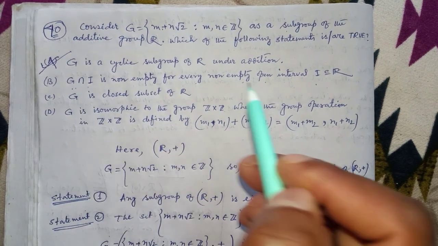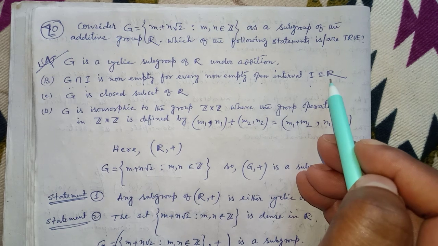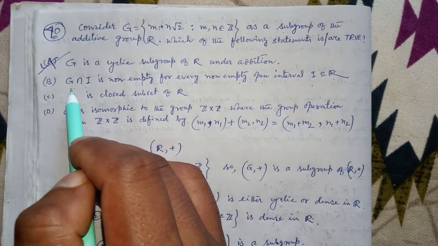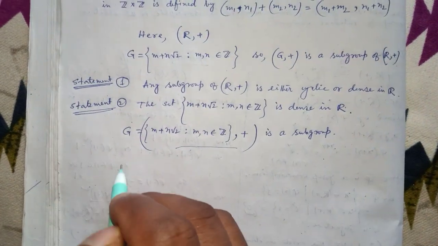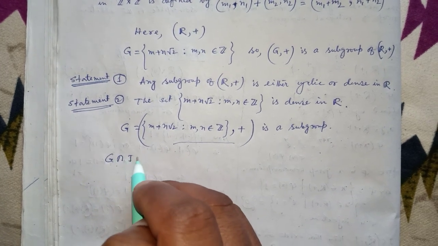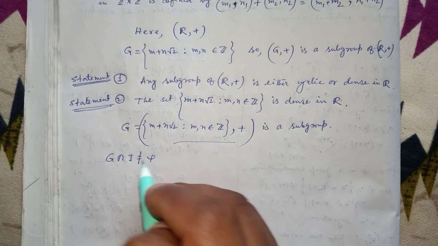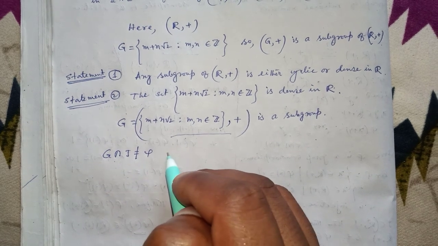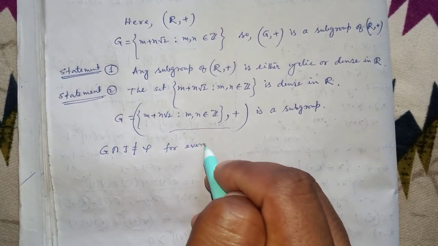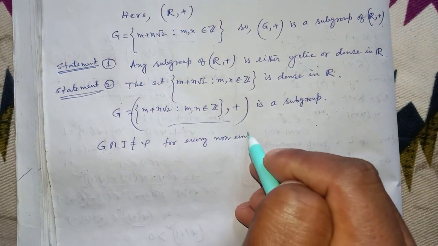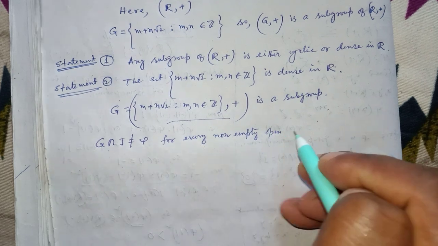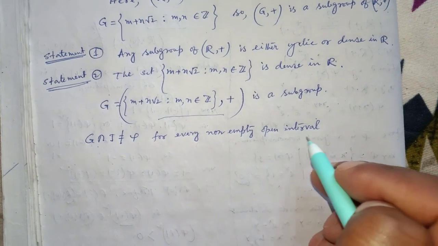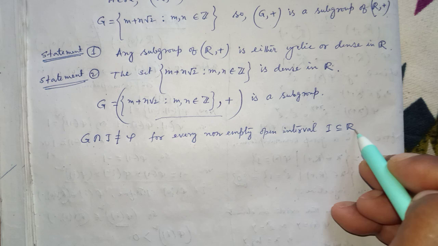That means every point of R is a limit point of G. That is, G intersection I is not equal to phi for every non-empty open interval I subset of R.